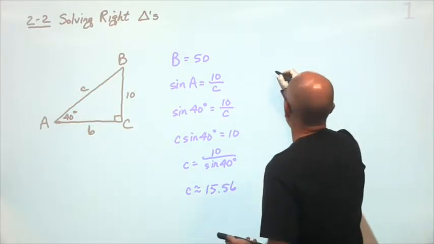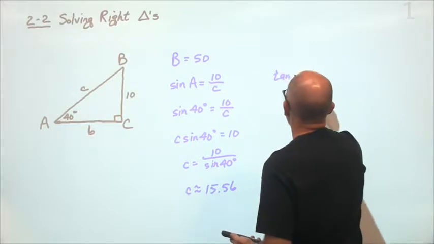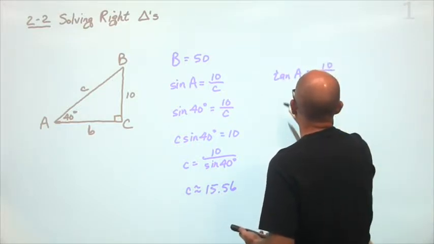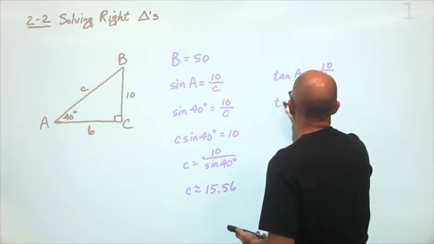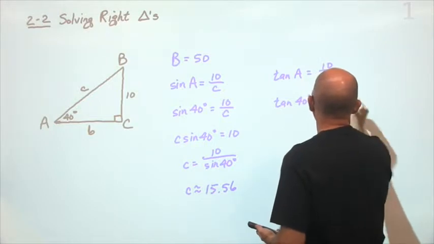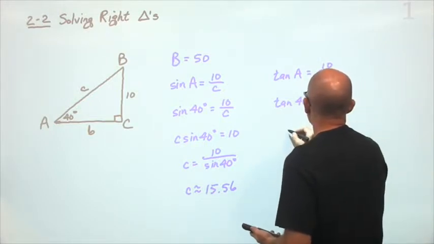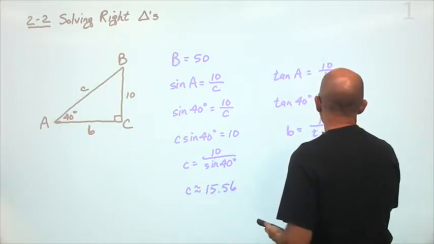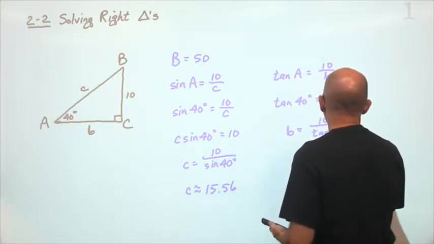So here we go with tangent of angle A equals 10 over B. So that means tangent of 40 degrees equals 10 over B. We do the algebra, and B is going to equal 10 over tangent 40 degrees.